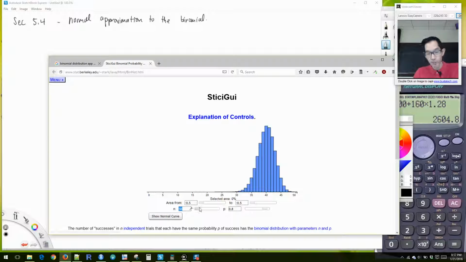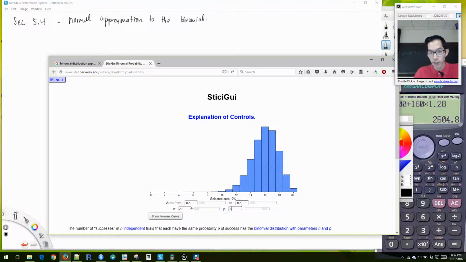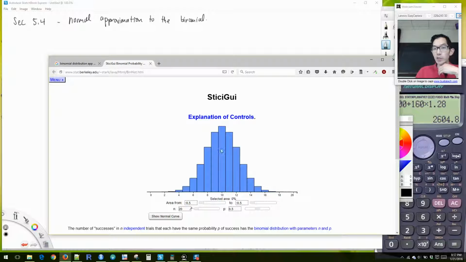So that's the idea that we're getting at here, is that we have a binomial distribution which says, what's the probability that I get 12 heads if I flip the coin 20 times? We can do the calculations exactly, right?